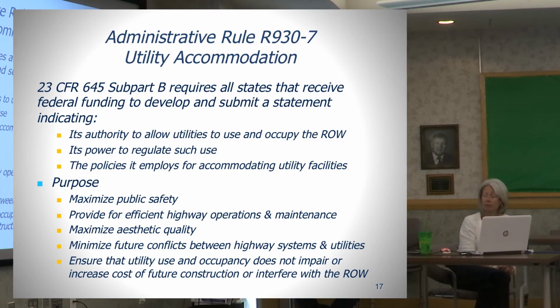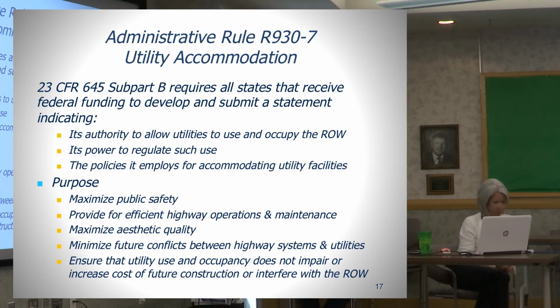But on the accommodation end, the Code of Federal Regulations requires every state that receives federal funding to issue a statement about their authority and power and the processes and procedures that they use to allow utilities to occupy their rights of way.